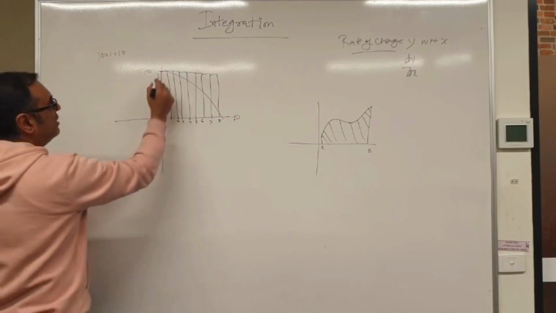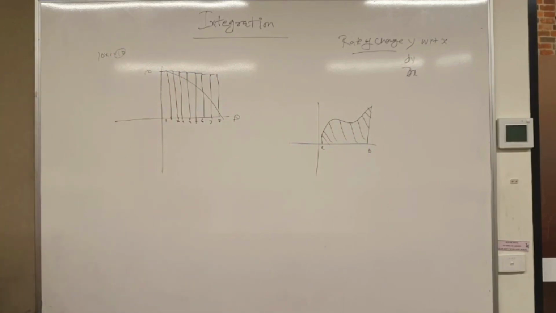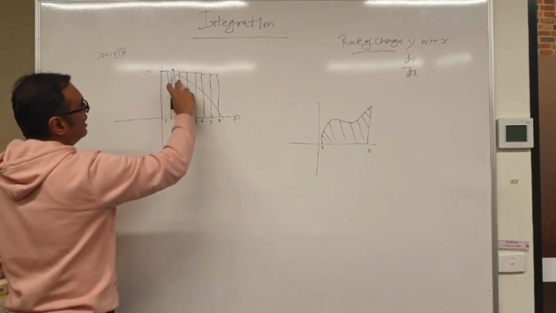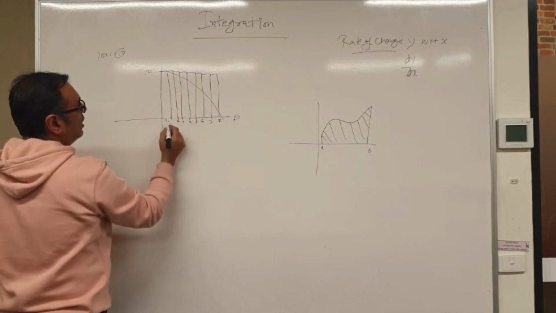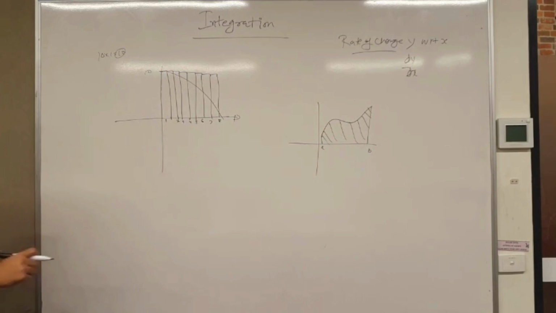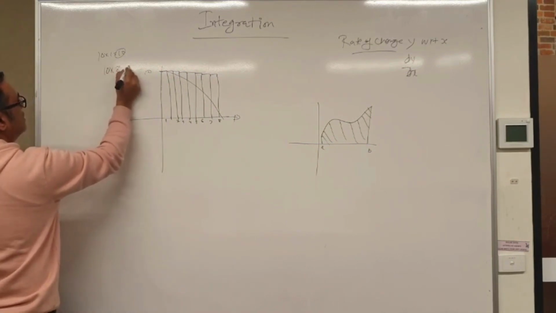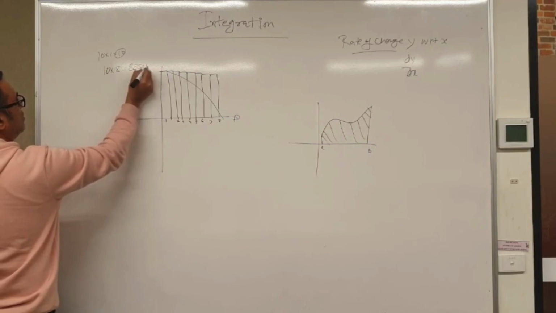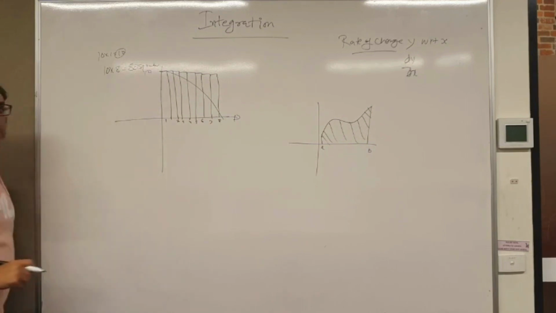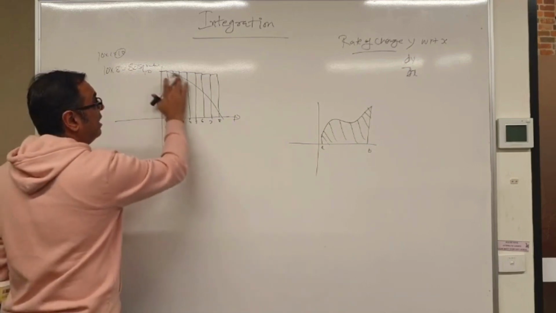So one rectangle here is basically 10 square units. And since they are equal, there are 8 rectangles, so I can easily say 10 times 8 is 80 square units. That must be approximately the area under the curve.